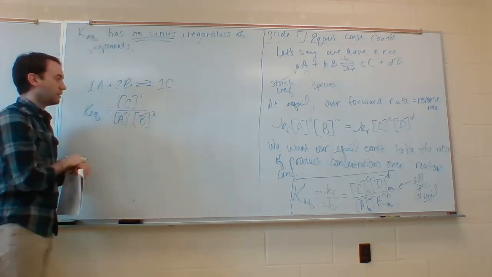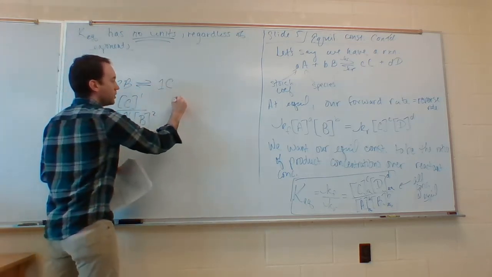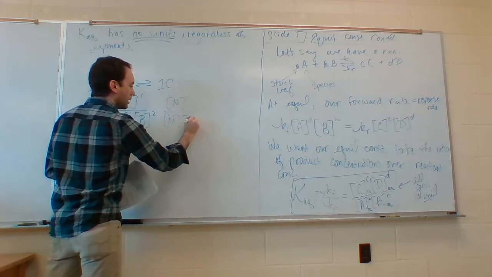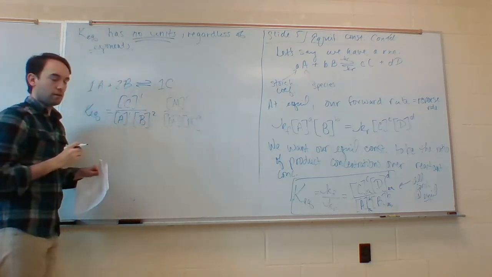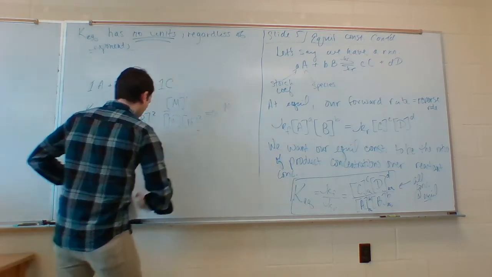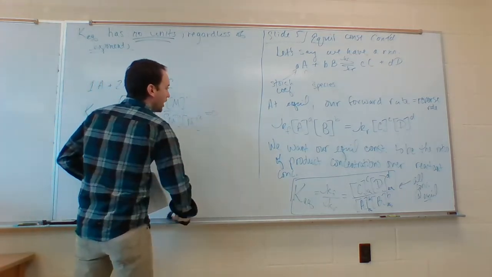That would mean I have units of molarity to the first over molarity to the first over molarity squared, which you think would give us 1 over molarity squared.